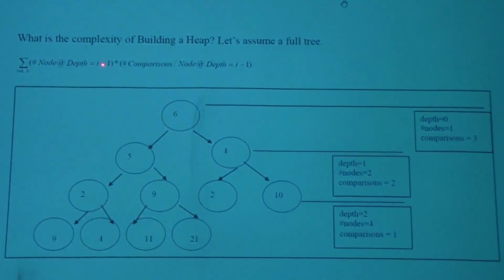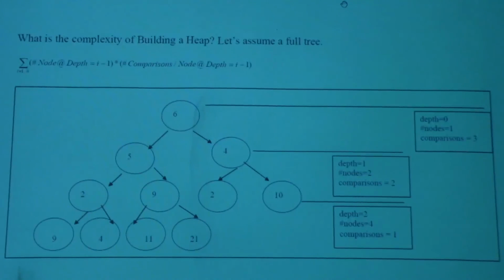I use i minus 1 because h is the height, which means in a heap the last parent is typically on the previous level. You follow what I'm saying? So number of nodes at depth i minus 1 times the number of comparisons per node at depth i minus 1. Okay?